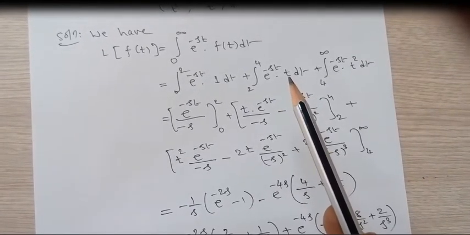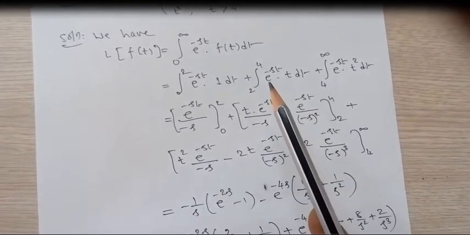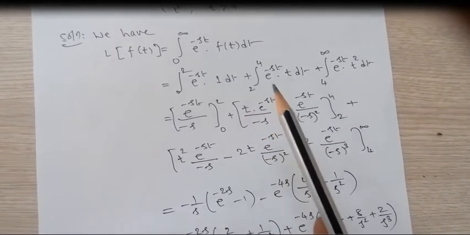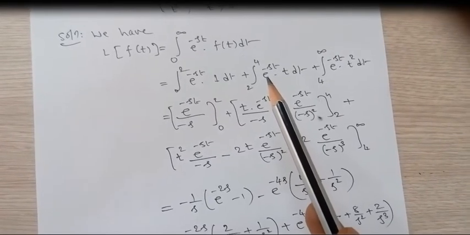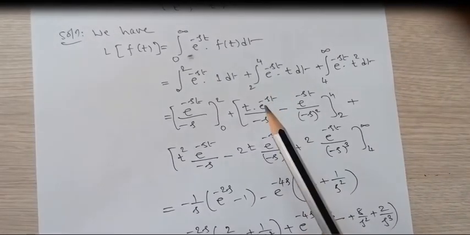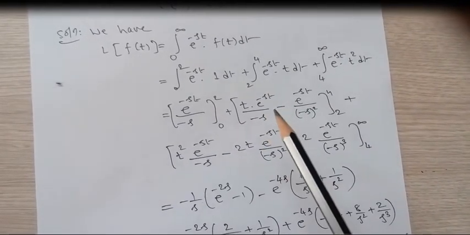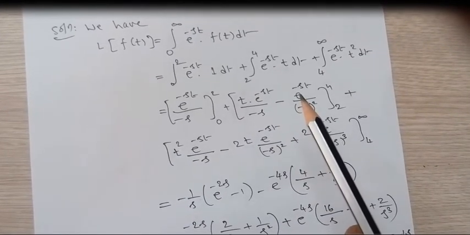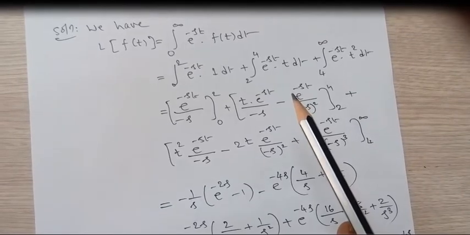So we take this as first function and this as second function. By the rule, first function into integration of second function. Second function is this, so integration of this is e raised to minus st divided by minus s. Minus, by the rule, minus sign, differentiation of t.